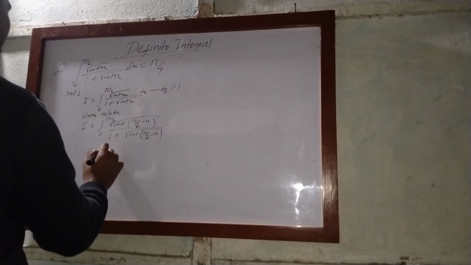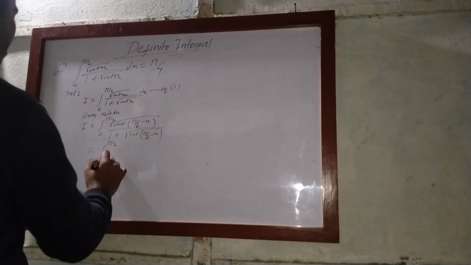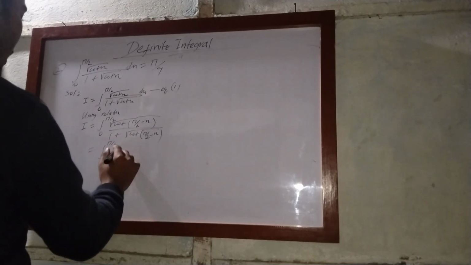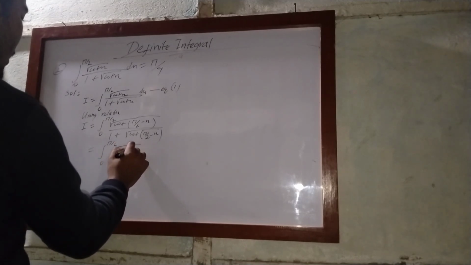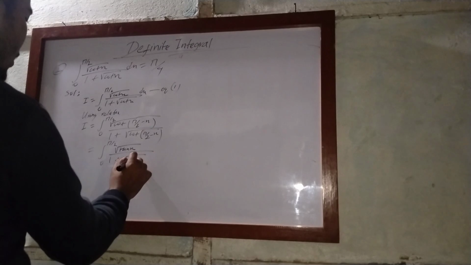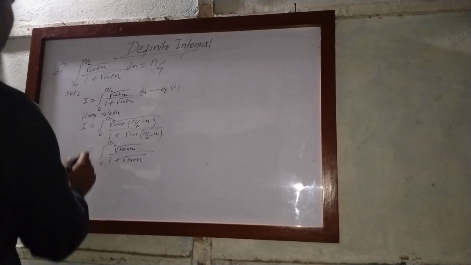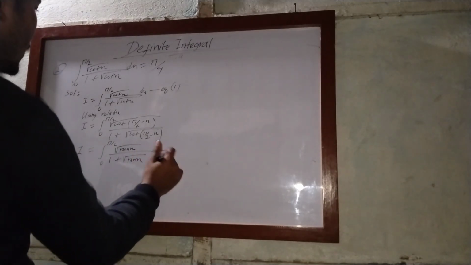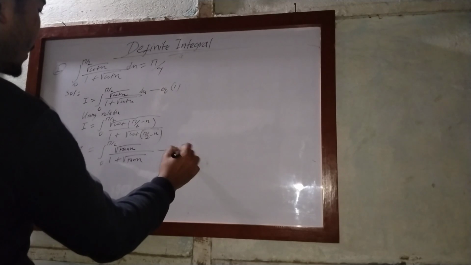Now what can we do? It becomes root tan x divided by 1 plus root tan x. Take it as equation II.